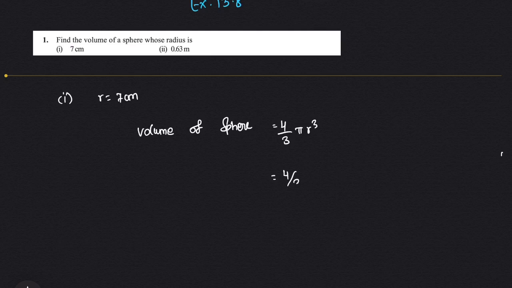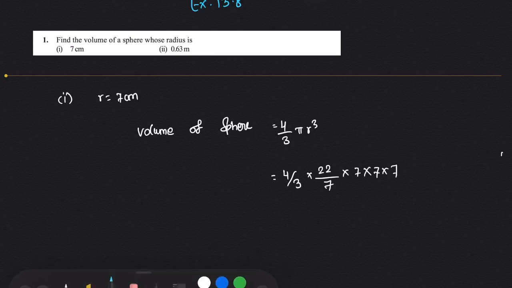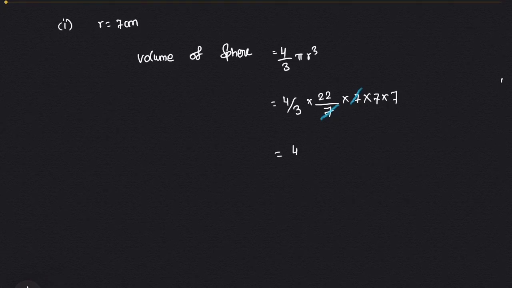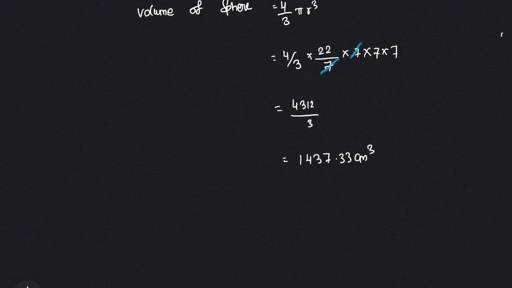Just replacing the r value, then pi is 22/7, then r cube, so 7 times 7 times 7. Then just cancelling these two, the final value is 4312 divided by 3. After cancelling, 1437.33 centimeter cube. So this is the volume.